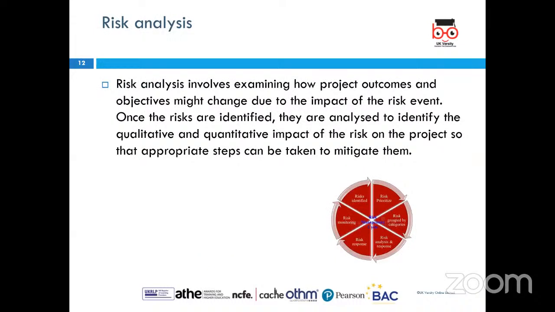Also, as an effective project, we have to take consideration of our risk analysis. As we can see, by having this, it is going to involve examining how the project outcome and objectives might change during the impact of a risk event. So once the risk has been identified, it is now analyzed to identify the qualitative and quantitative impact of the risk on the project, so that an appropriate step can be taken to mitigate it.